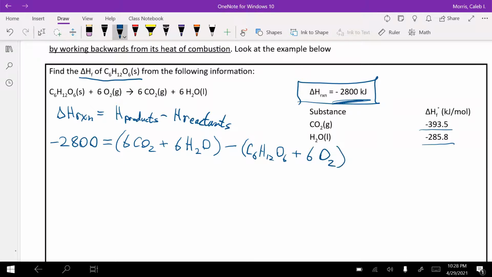I hope you realize that O2 as a gas is just the standard state of diatomic oxygen. So I'm actually going to get rid of that factor. So we can just start plugging numbers in.